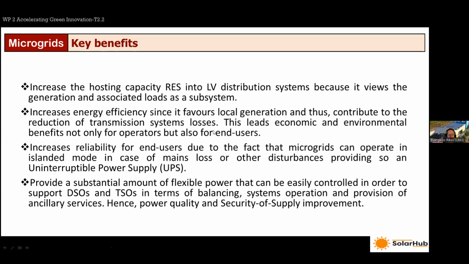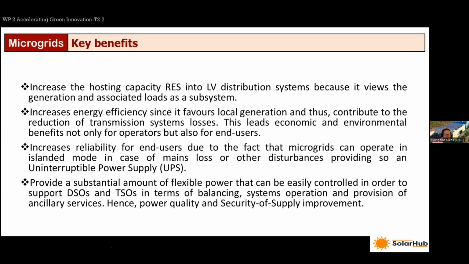As I said before, because we don't use so much energy that is transmitted through the transmission system to reach the end users, but this happens locally, we also reduce the transmission system loss. We have an increase in the reliability of the power supply because of its ability to detect disturbances and switch from grid connected to islanded mode.